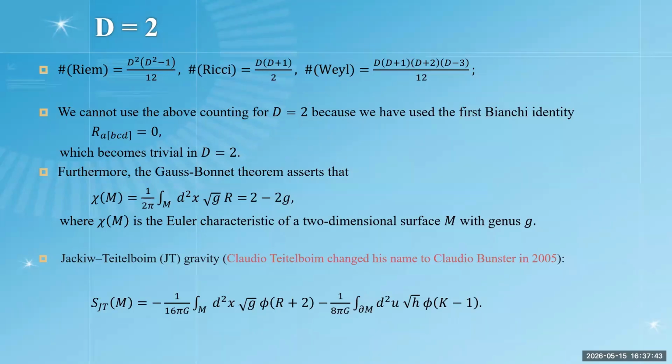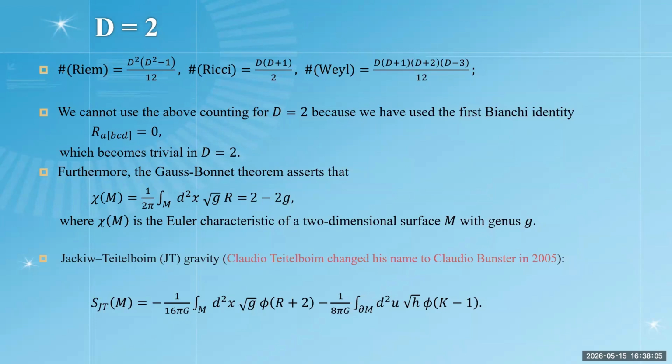Maybe we may address D equals 2, but we cannot apply this formula for 2 dimensions, because in order to count this number, we used the first Bianchi identity. In the first Bianchi identity, we consider these 3 indices, but it is completely anti-symmetric.